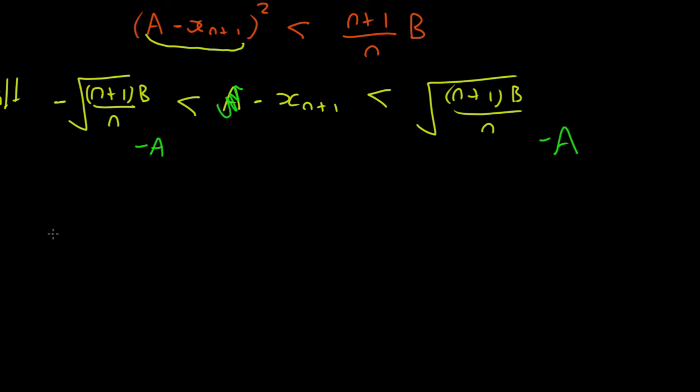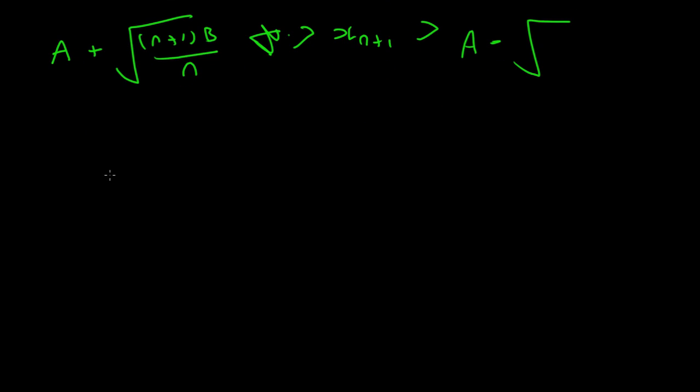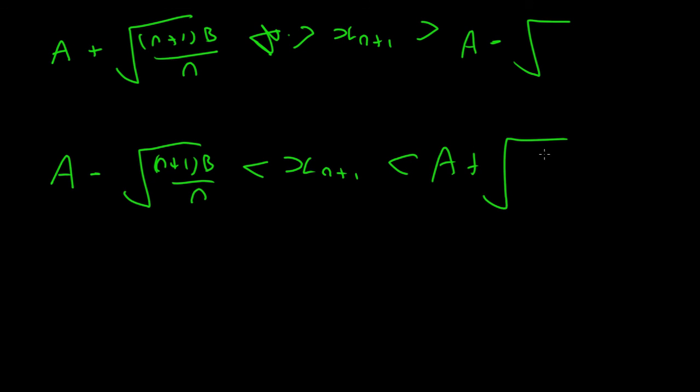So that's going to be a plus the square root of n plus 1 times b all over n, greater than x to the n plus 1, greater than a minus the square root of that thing. In other words, we get exactly what we want: a minus the square root of n plus 1 b over n is less than x to the n plus 1, which is less than a plus that square root.